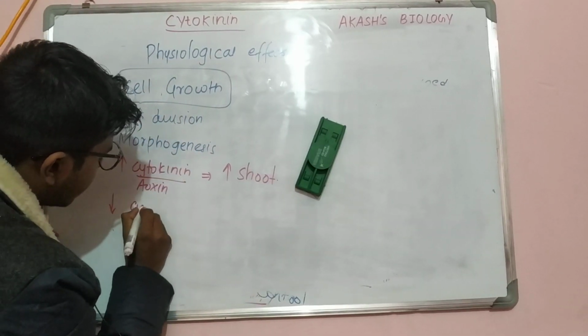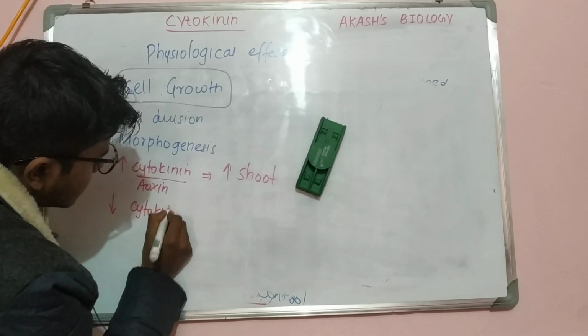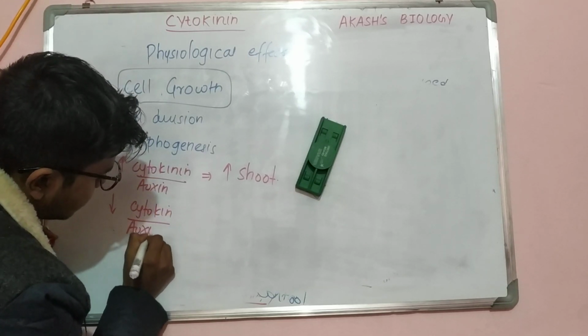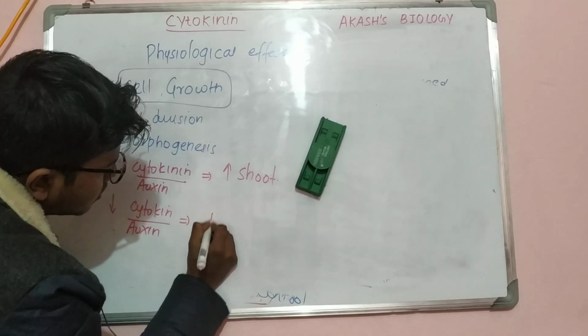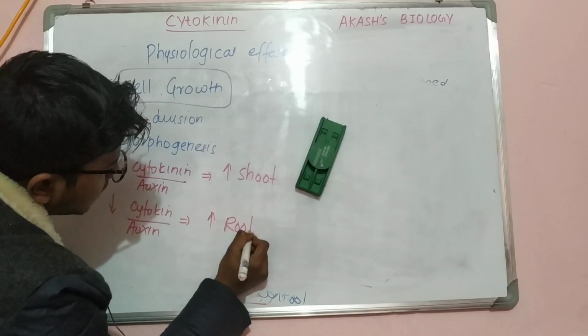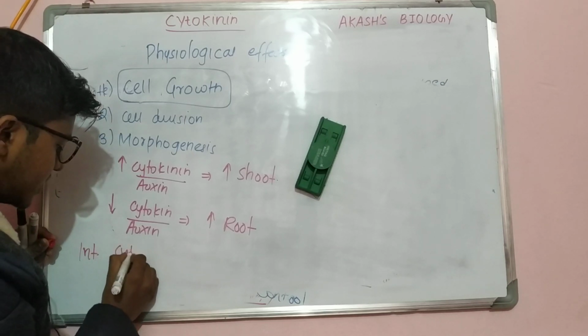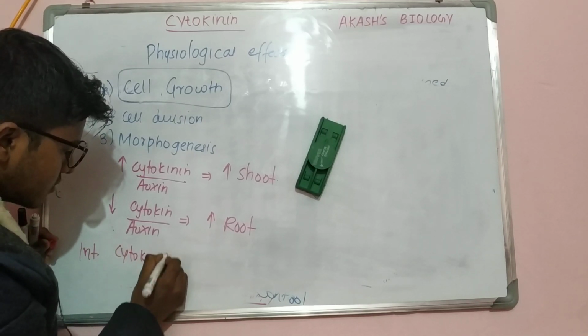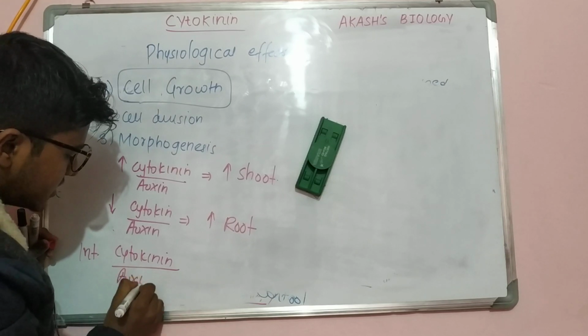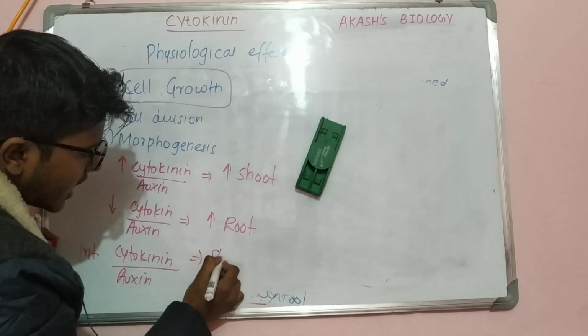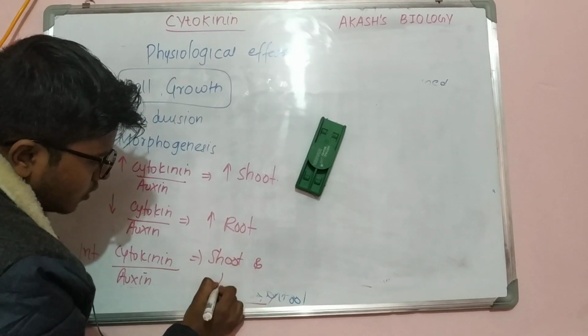Similarly, low cytokinin by auxin means the differentiation of root, or the morphogenesis of root. Similarly, intermediate cytokinin by auxin means differentiation of both shoot and root.